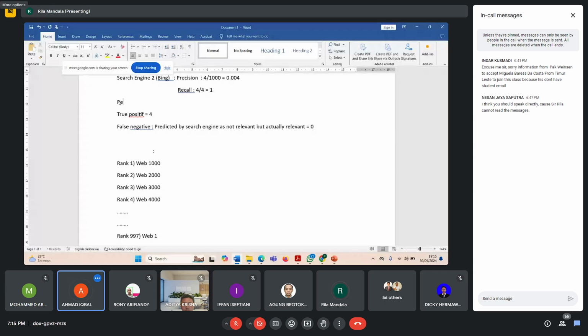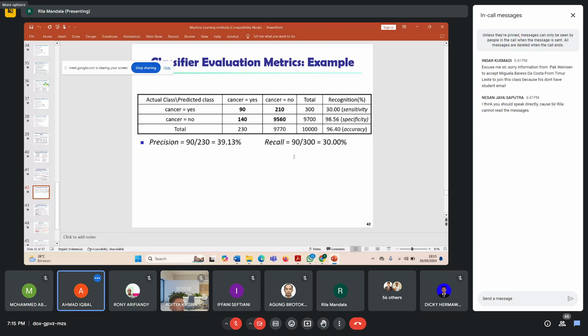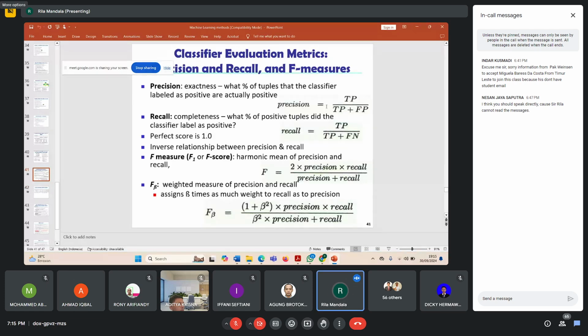So, according to my slide, recall equals true positive divided by true positive plus false negative.